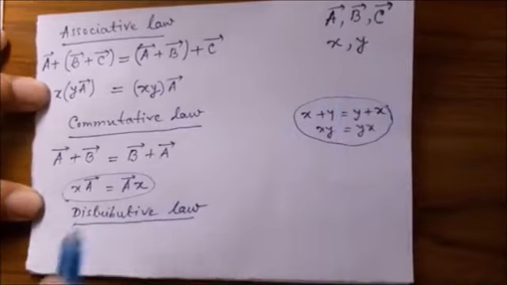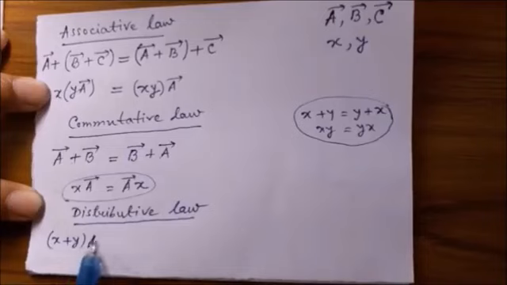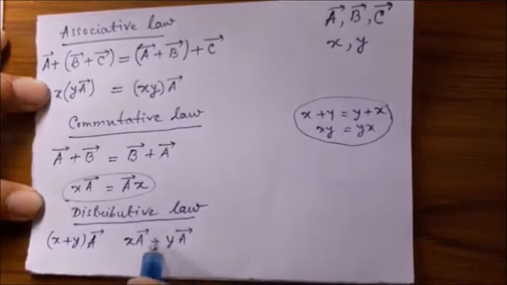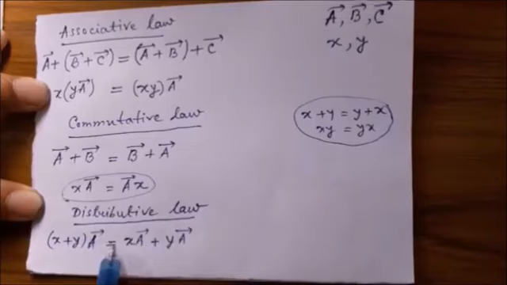Suppose we add x and y, and then with it we multiply a vector A. Another method is multiply x with vector A, multiply y with vector A, and then take their sum. And according to this distributive law, the two are essentially identical, they are same.